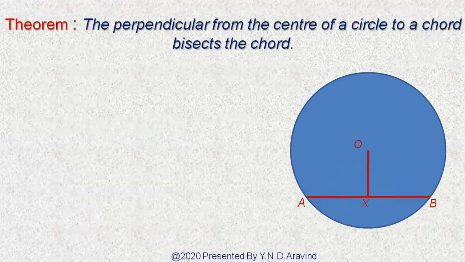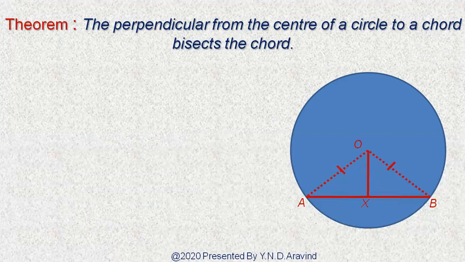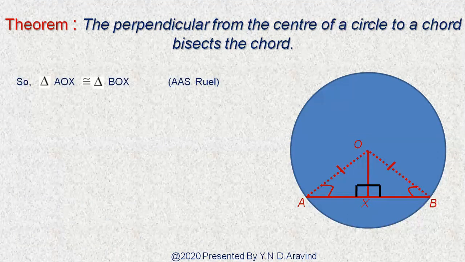So side OA is equal to side OB and angle OAX is equal to angle OBX. And given that angle OXA and angle OXB are equal, that is 90 degrees. So from the congruence rule, these two triangles, that is triangle AOX and triangle BOX, are congruent.